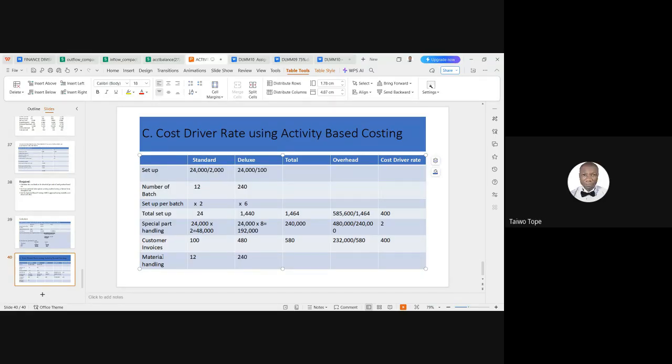So overall, the total is what? 252. So the total overhead apportioned to material handling in the question is what? 504,000. So to get the value of 1, it will be what?